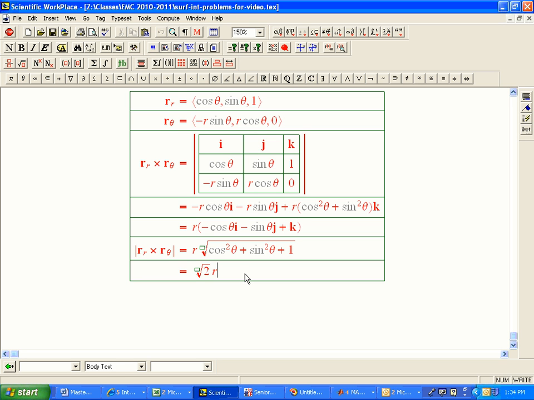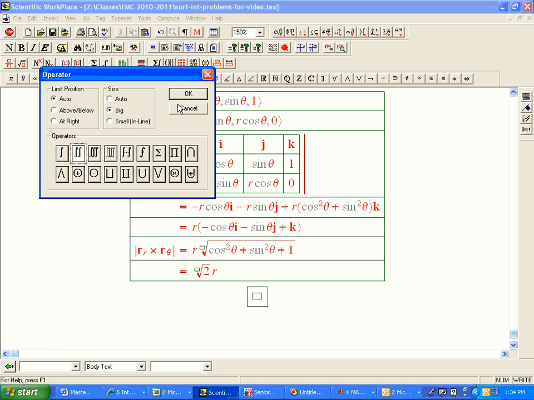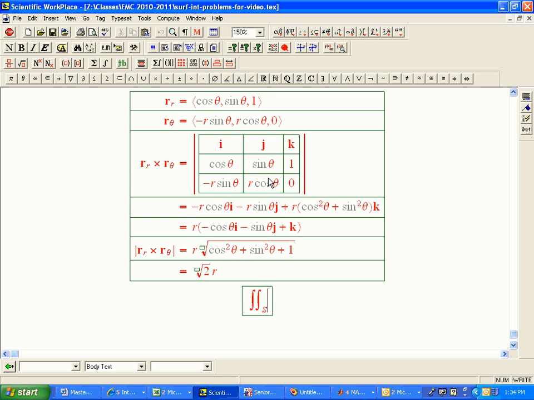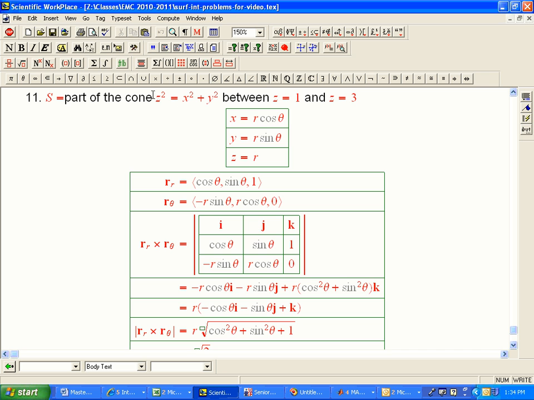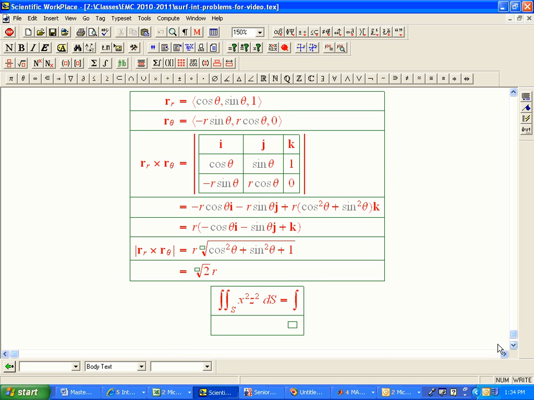So what's the actual integral that we're trying to do? What they're asking us for is the double integral over this surface of x squared z squared dS. That's going to be equal to, okay, so we can now set it up. We know, using polar, since r is equal to z here, and z is 1 to 3, so r is going to be 1 to 3, and then theta is going to go 0 to 2 pi.